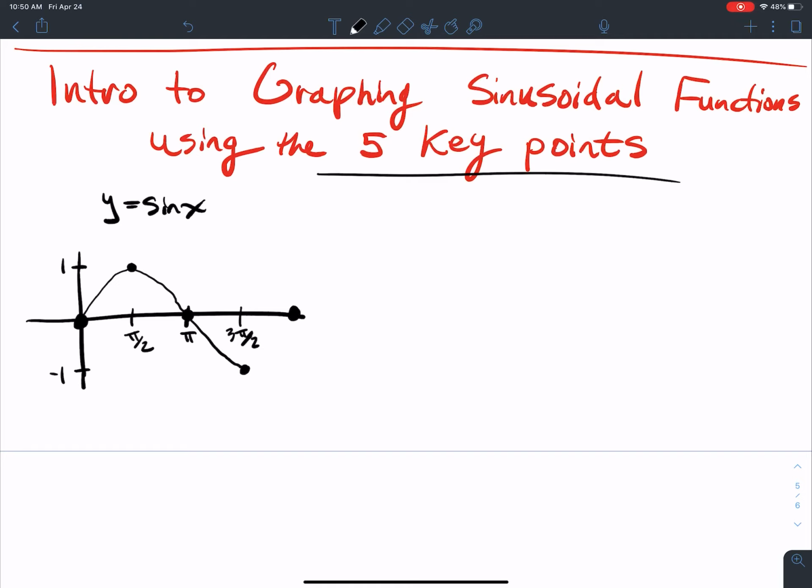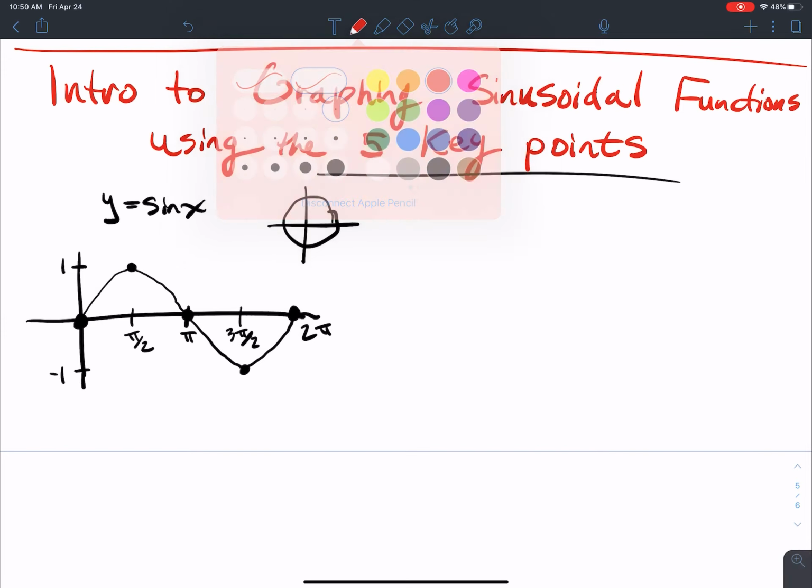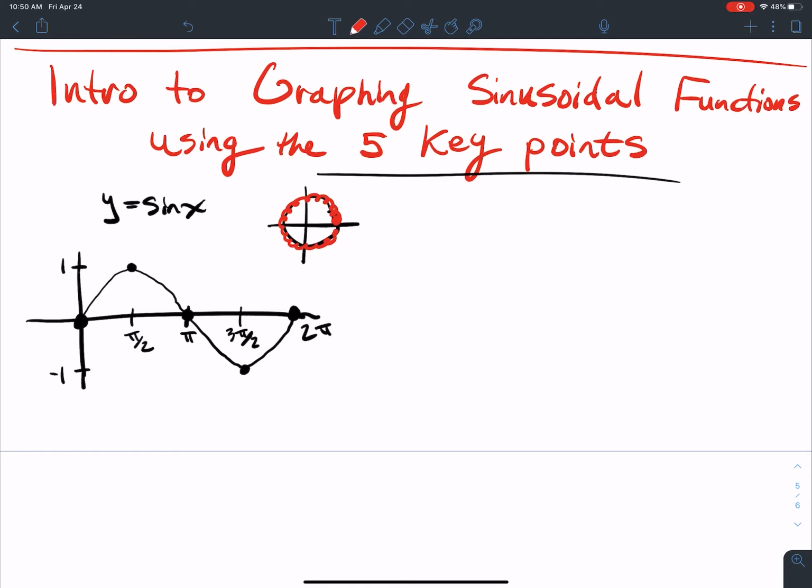And when we get all the way full circle, what do I mean by full circle? Really, all we're doing on a unit circle is tracking what the y value is as we travel all the way through. Right here, the y value is 0. At an angle of pi over 2, we get a y value of 1.